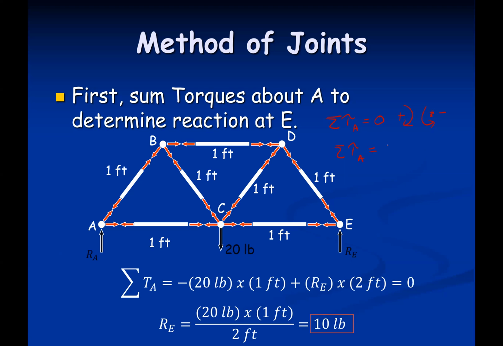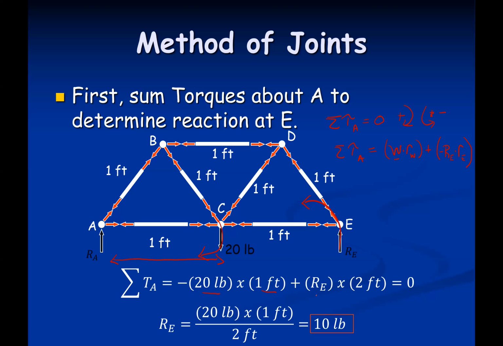The 20 pound weight times the lever arm of the weight; that makes it want to go clockwise, so that's positive. The reaction at E makes it want to go counterclockwise around A, so that's a negative value: minus reaction E times R of reaction E. The weight is 20, and the lever arm is 1 foot.